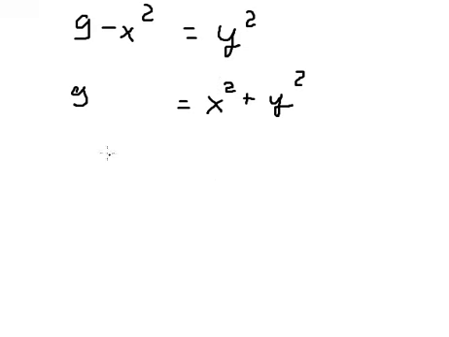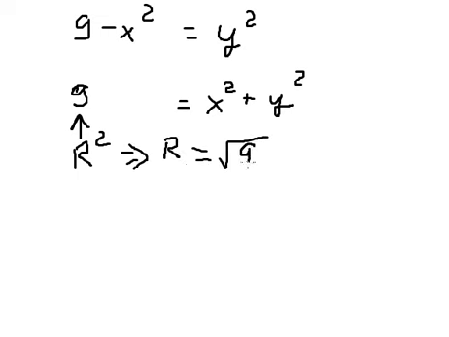So in this situation, this one is the center and the radius of the circle, and that's r squared. So we can find r equals the square root of number 9, and we have number 3.